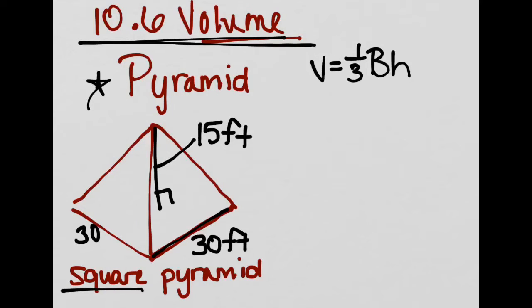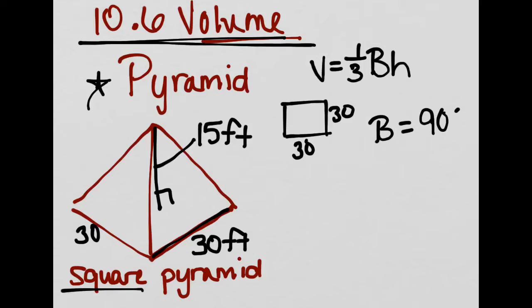So our base area here, if we're looking at a square, we have a square that is 30 times 30. So our base area is going to be 900. So now I'm saying 1/3 times 900, and my height is given here. It is not the lateral height or the slant height anymore. We don't need that for volume. Volume we actually need from the base to the vertex on top.